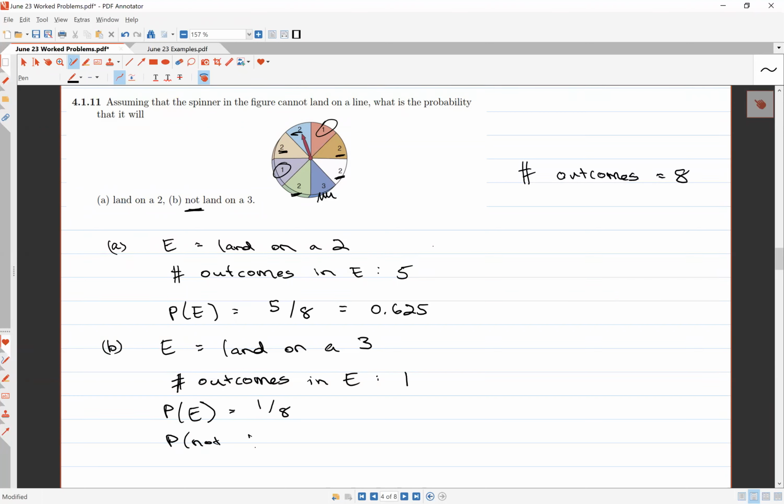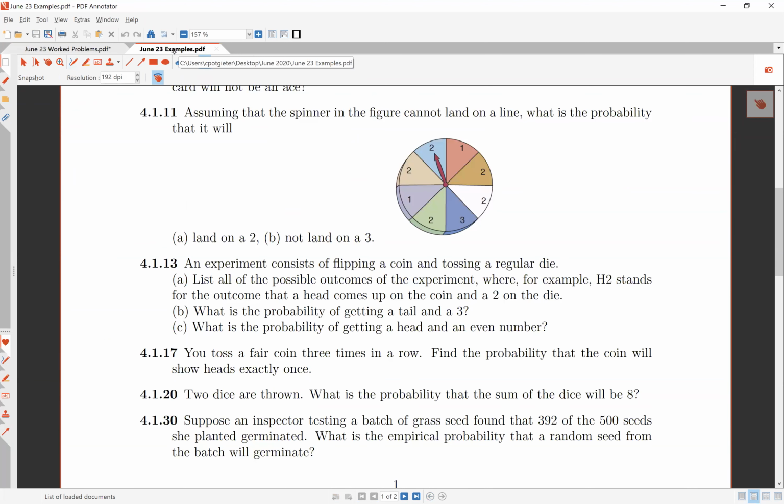We want the probability of not E, so not landing on a 3, and that'll be 1 minus 1 over 8, which is 7 over 8, or if you express that as a decimal, you could write it as 0.875.